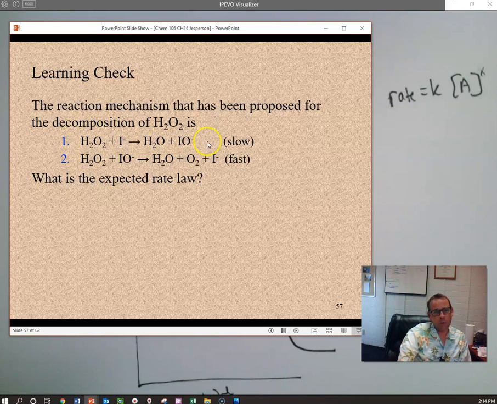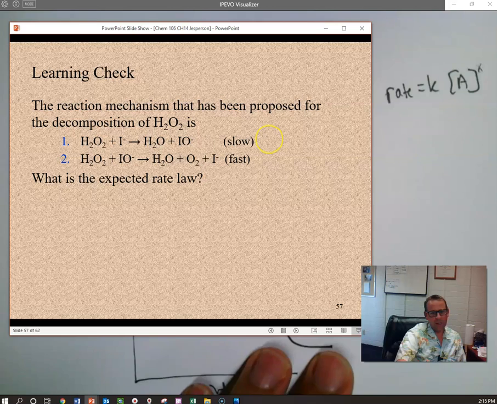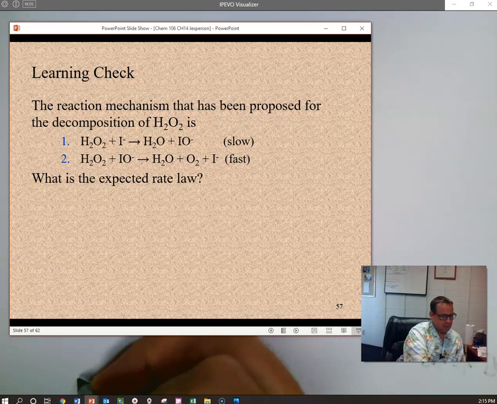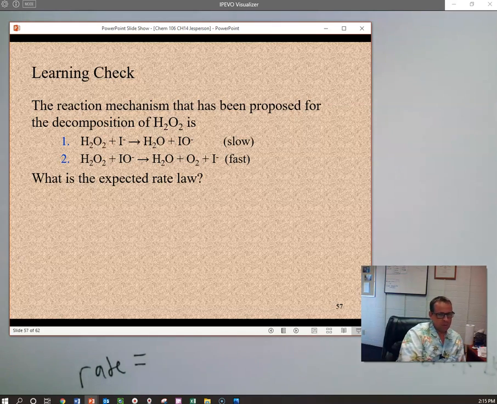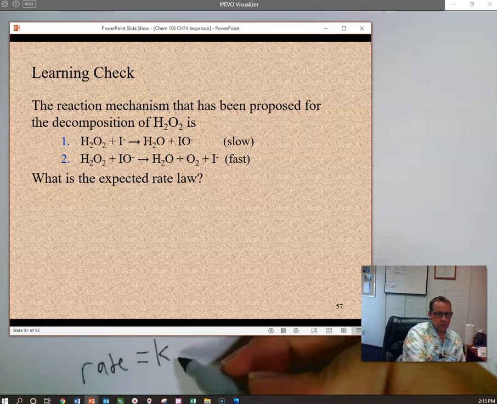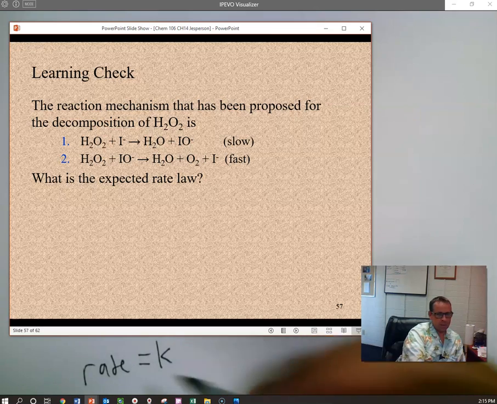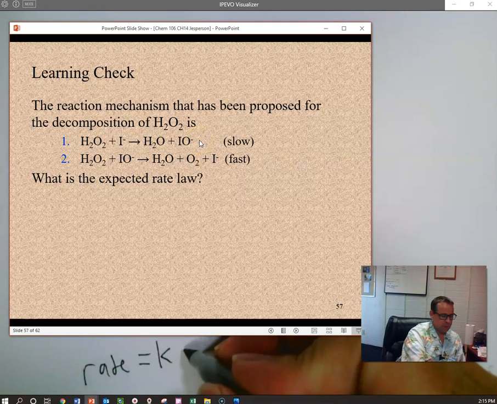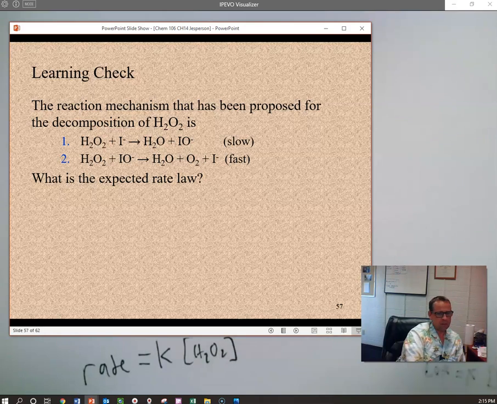But once somebody has performed a lot of experiments and identified the slow step, so here's the slow step for the reaction, we can get a general rate law from that information. So we can say that the rate of this reaction will be K. I mean, we don't have a value for K, but we know the rate is going to depend on the rate limiting step. So the rate limiting step for this one is rate equals K times the concentration of hydrogen peroxide.